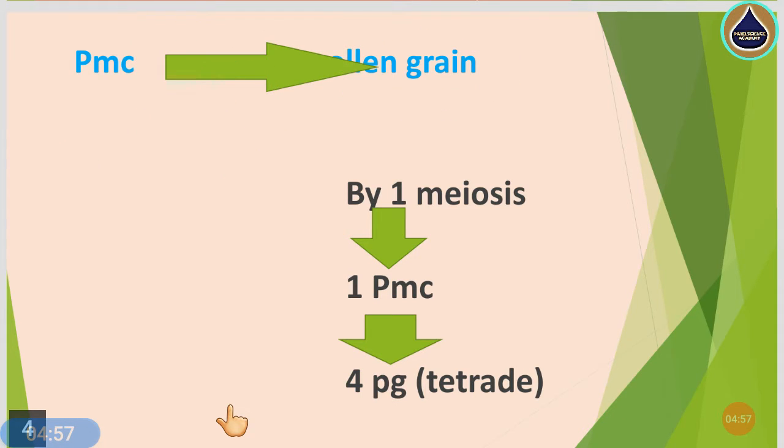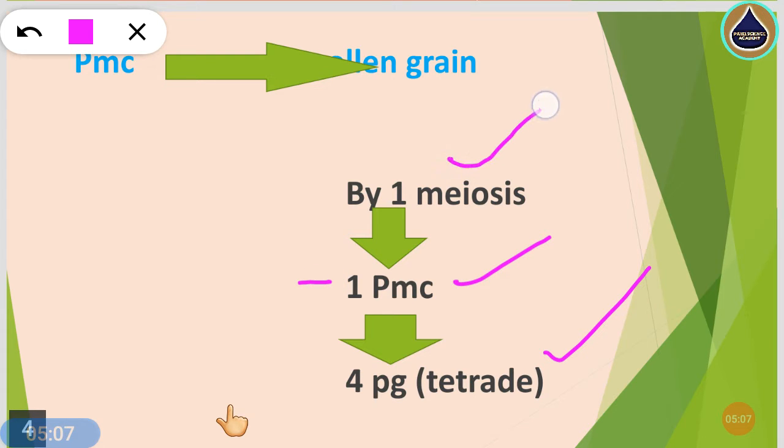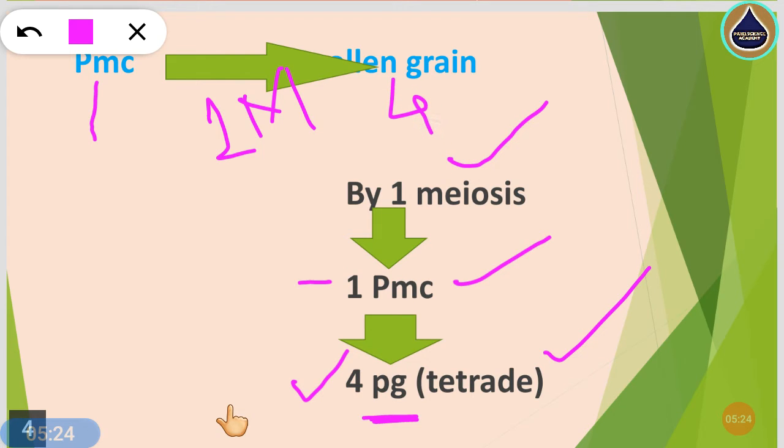Now we'll see the calculation for this pollen mother cell. One pollen mother cell, by one meiotic cell division, converts into 4 pollen grains. I hope you are understanding.